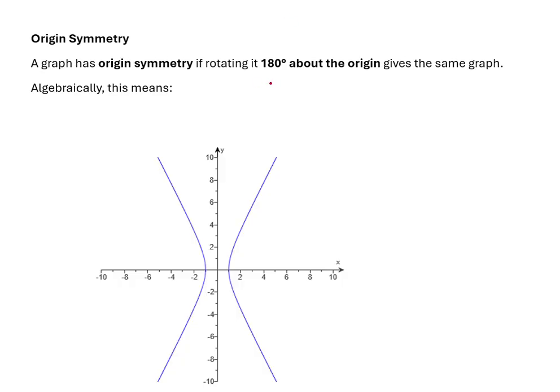So I know I have x-axis symmetry if I pick an x coordinate and I find the same values on the graph, but now the y is negative.